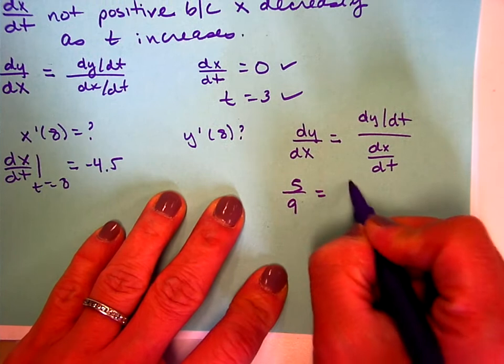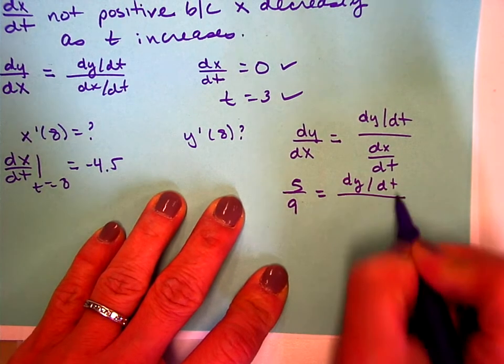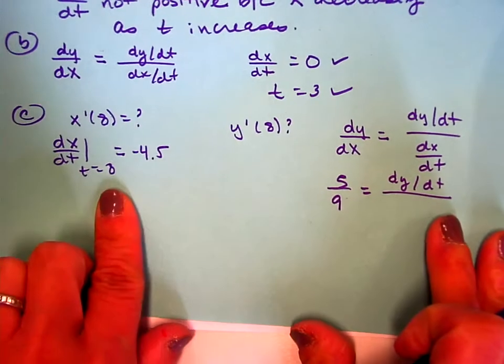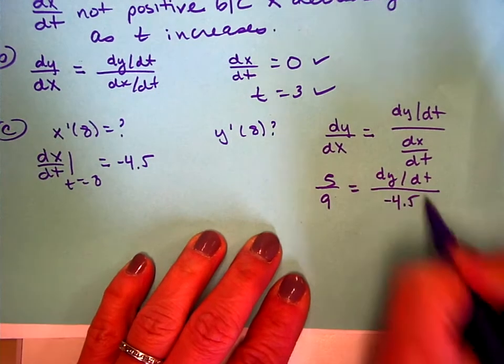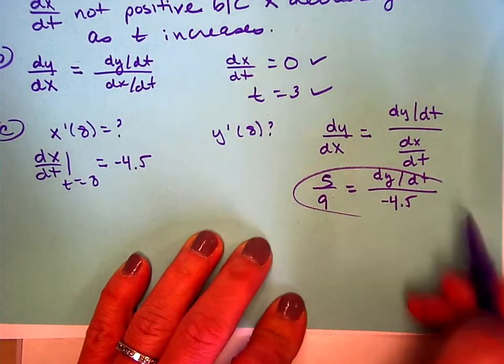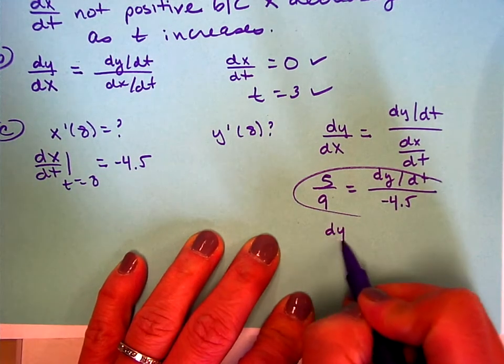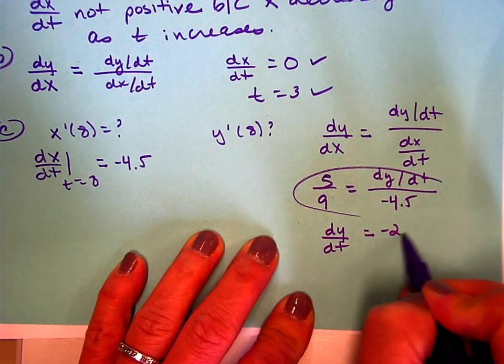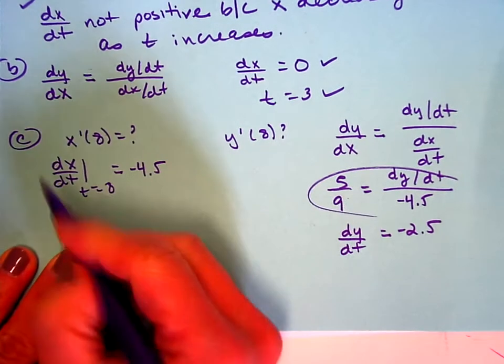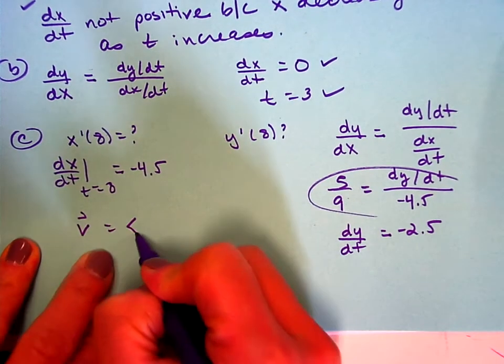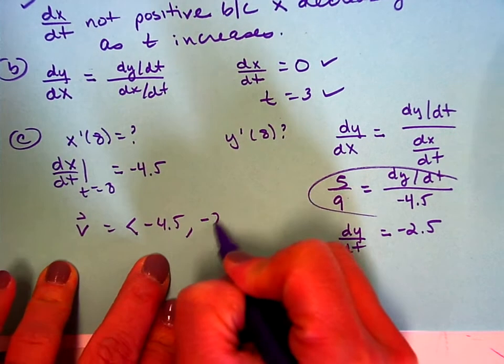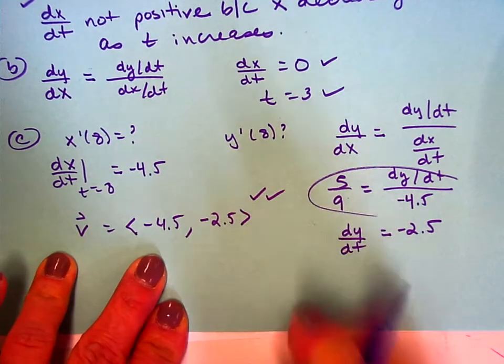And I also just figured out what dx dt is. I know dx dt is negative 4.5. So you have this equation, you can cross multiply or do what you need to do, and we can figure out that dy dt is negative 2.5. So your velocity vector is negative 4.5 and negative 2.5. It is just 2 points, 1 point for each value.